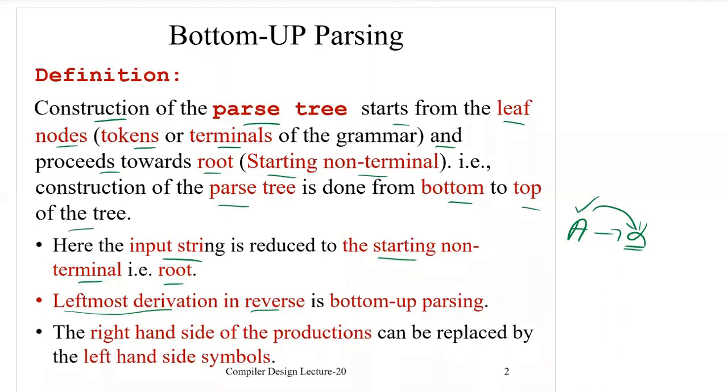Now, wherever alpha is there, we substitute it back with A, a reverse substitution. The leftmost derivation in reverse is called bottom-up parsing. The right side of the productions is replaced by the left-hand side symbols. This is called bottom-up parsing.